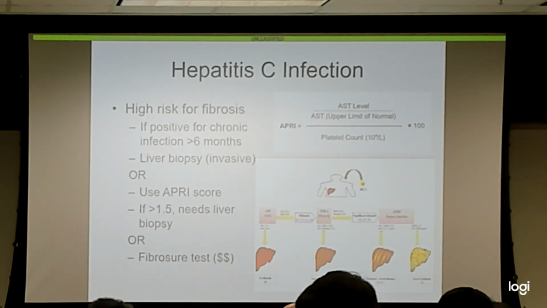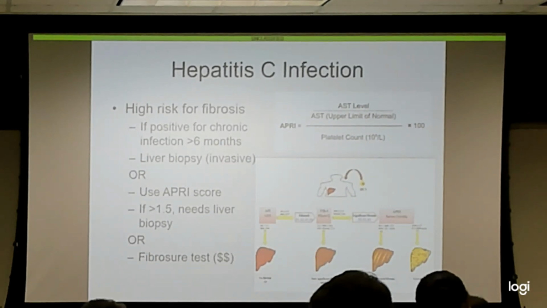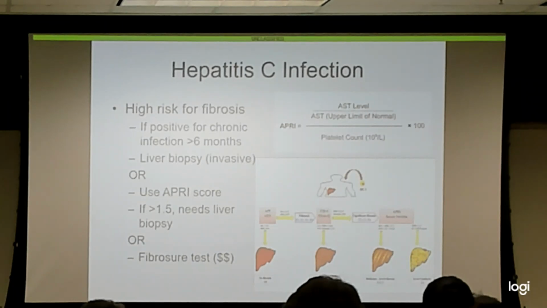So here's just a little FYI. If you've got patients with a hepatitis C infection, like I said, they're at high risk for fibrosis. To tell if somebody's got a fibrotic liver, they usually need a liver biopsy, but it's a super invasive test. The other thing you can use is the FibroSure test, but it's super expensive.